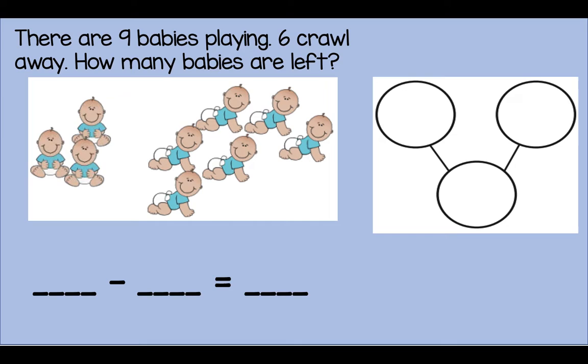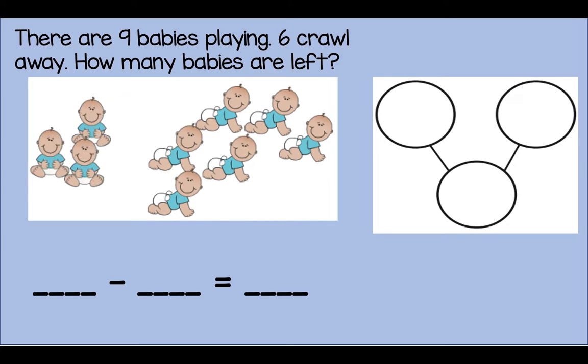So go ahead and solve this problem with your math circles and do the number bond and number sentence to match. What is the whole? All right, pause this if you need another second to finish it up.